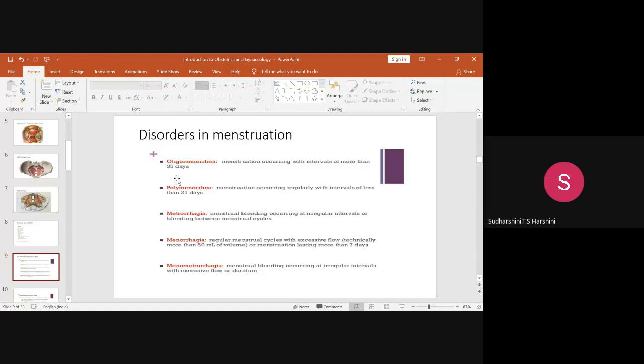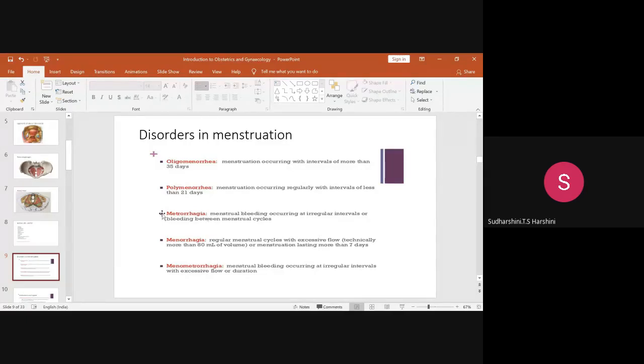If she's getting cycles at less than 21 days, at a constant interval, maybe 18 days, maybe 20 days, that is called polymenorrhea. And if she's getting cycles at more than 35 days, that's called oligomenorrhea. In these two, the patient will have regular cycles.